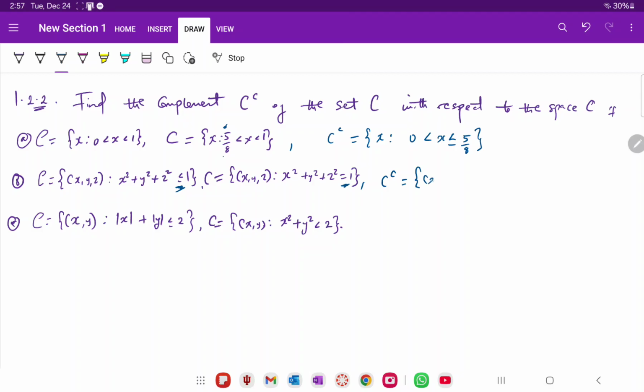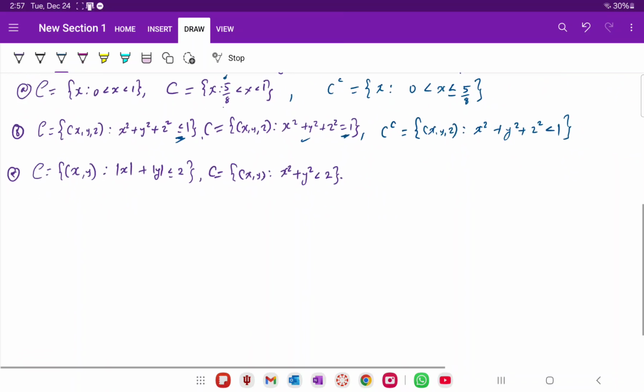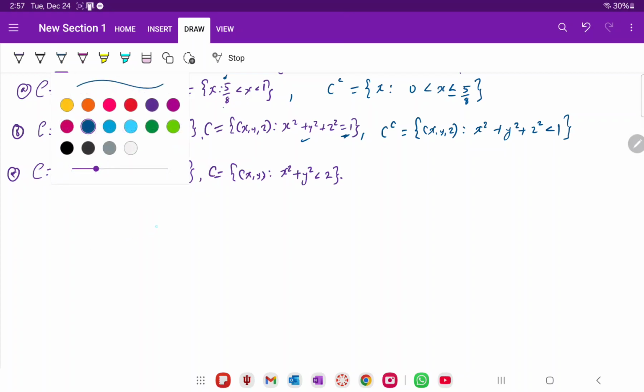So the complement of this will only include the inside and not the boundary. This includes the boundary, so what will be left is the part that does not include the boundary.